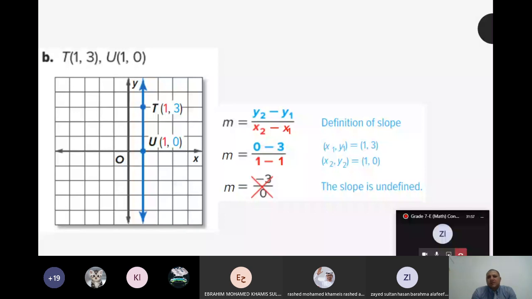So the numerator contains 0 minus 3, and the denominator contains 1 minus 1. 0 minus 3 is negative 3, and 1 minus 1 is 0. So negative 3 divided by 0 is an undefined value. That's why the slope of any vertical line is undefined.